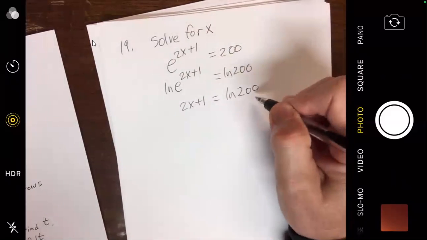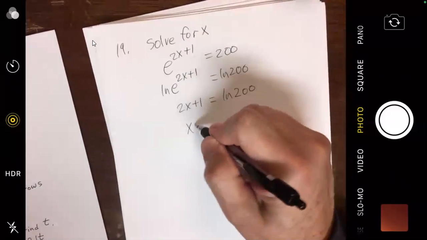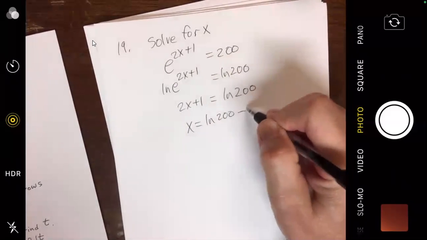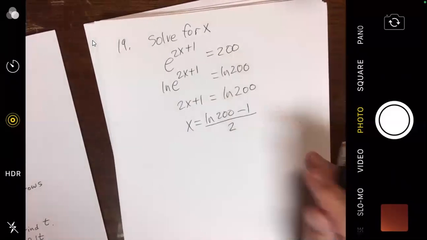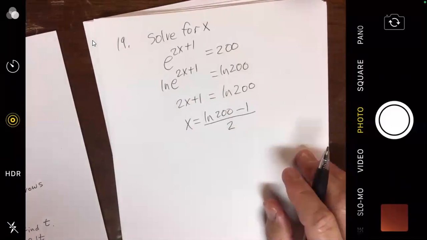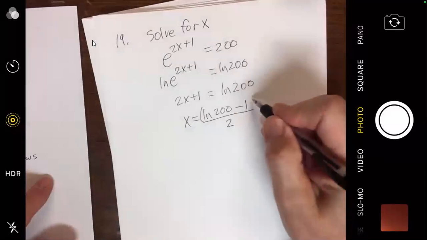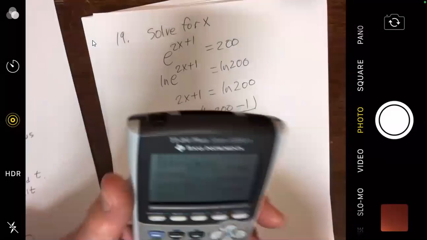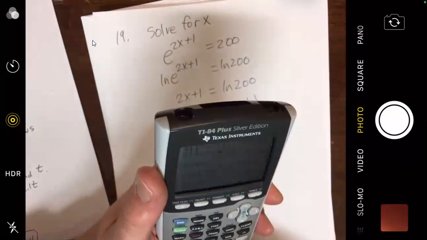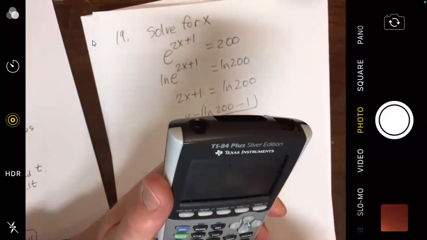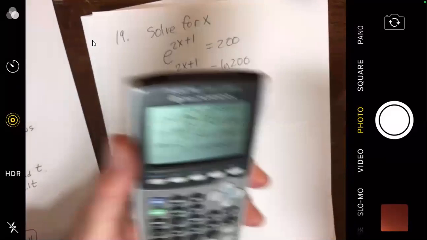Could punch in the number now, I think I'll wait till the end. Subtract 1 and divide the whole thing by 2. So if you want an approximation, put that in parentheses: ln 200 minus 1, divided by 2, is 2.149.